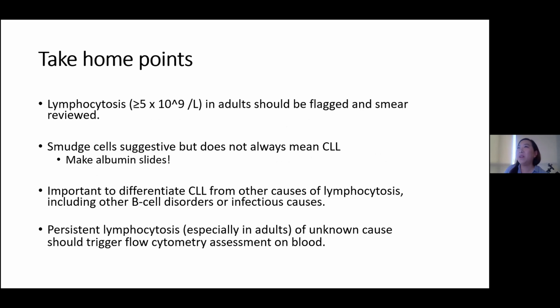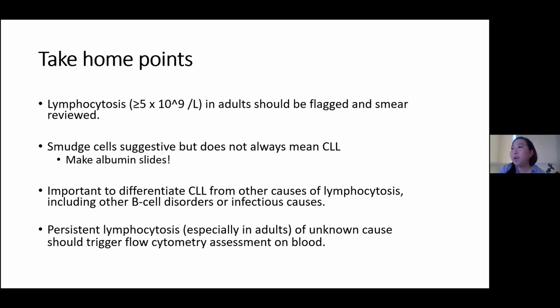Okay, so let's take quick take-home points. So lymphocytosis, especially more than 5, is the usual cutoff, but I'm sure in different centers you use different cutoffs. It should be flagged, and smear should be reviewed. Smudge cells don't always mean CLL. Always make albumin slides to assist with your manual diff.